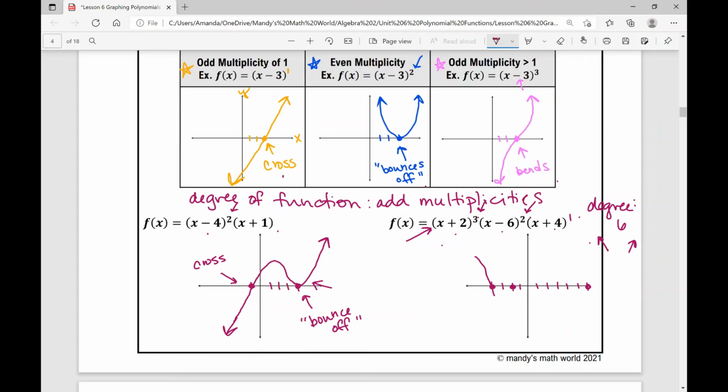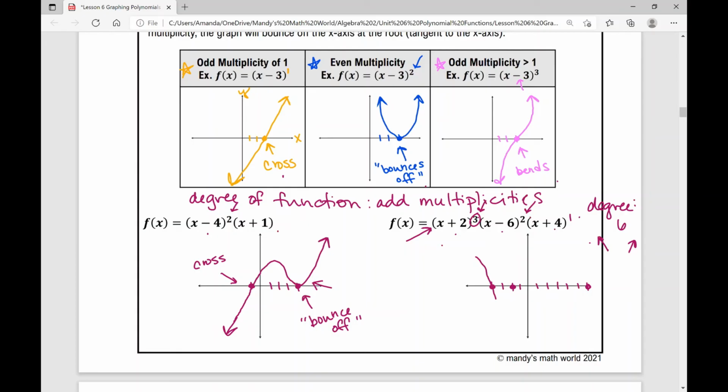We're going to cross this graph. The next intercept we're looking at is x equals negative 2. Because it has a multiplicity of 3, I know it's going to bend at that root. So it's going to come down here and go up and kind of bend at that root. See, it's kind of an ugly graph. Then we move on to the next one over here, where x equals 6.